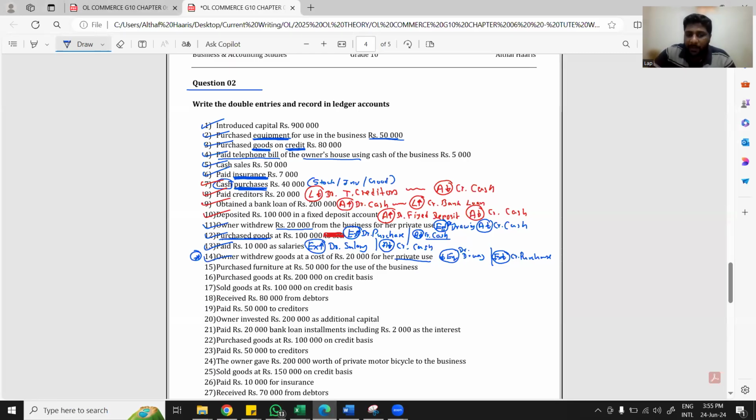This is the 15th one: purchase of goods or purchase of a non-current asset. Read the transaction properly. Purchased furnitures. Furnitures means tables, chairs, sofas.